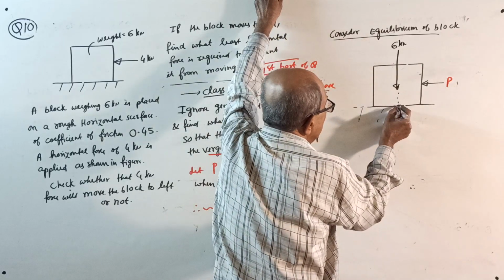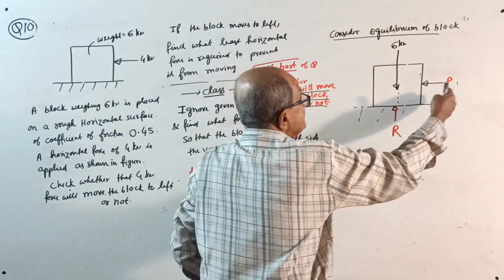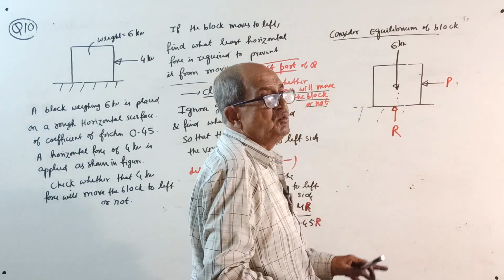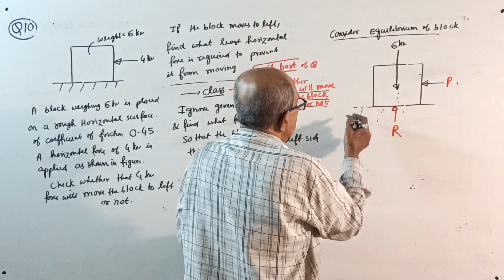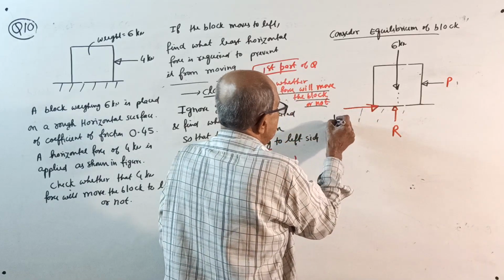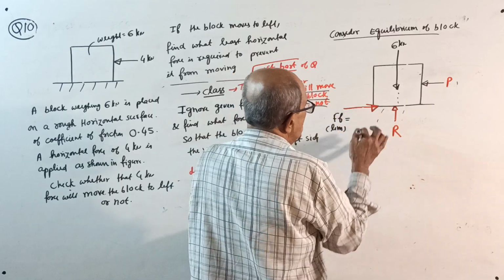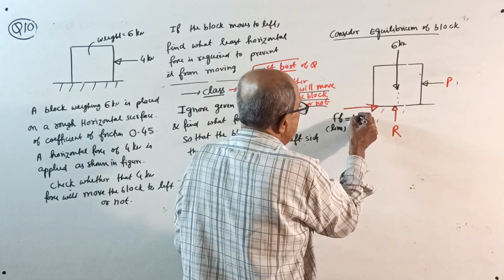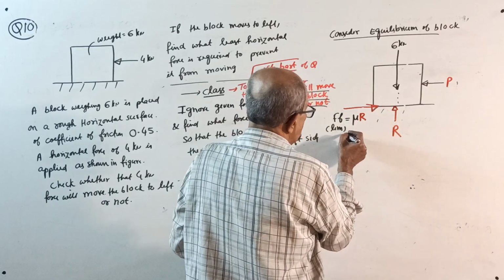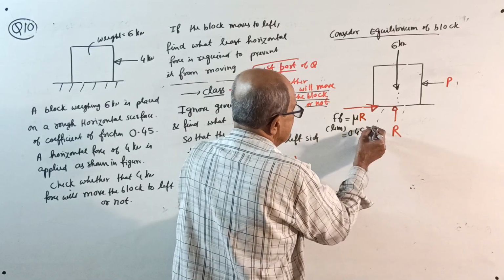Since P will make the block on the verge of moving to left side, frictional force will be right side. This F limit equals mu into R, equal to 0.45 into R.